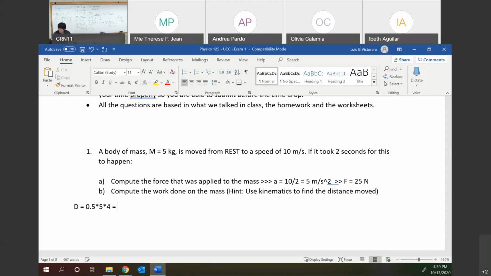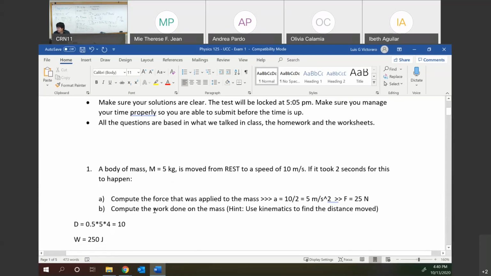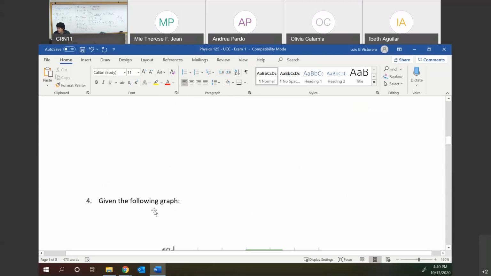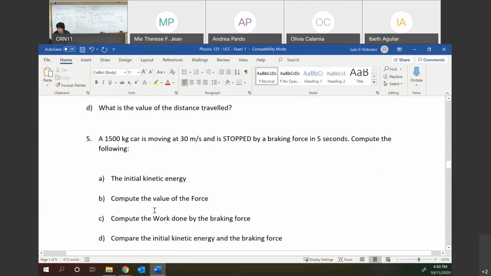So that was 10, I think. Yep. And then the work was just force times distance, 215. And this mistake was repeated. You guys did this fine. This was okay for everyone.